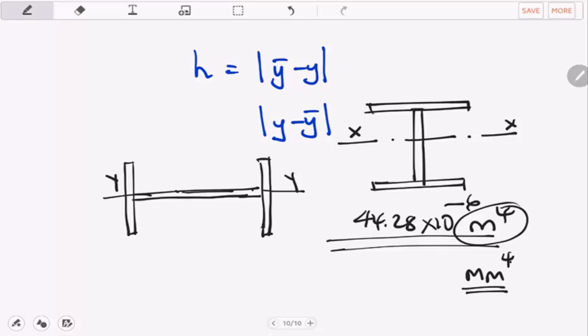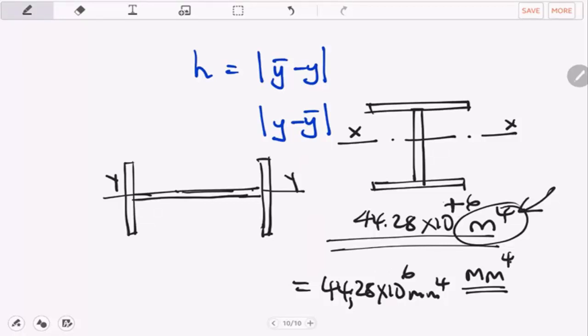To convert it to millimeters to the power 4 is exactly the same value. Right. So this is the same as 44.28 times 10 to the power, sorry, not minus 6, 10 to the power 6 millimeters to the power 4. So if you want to convert this to millimeters to the power 4, you are just making this one positive.